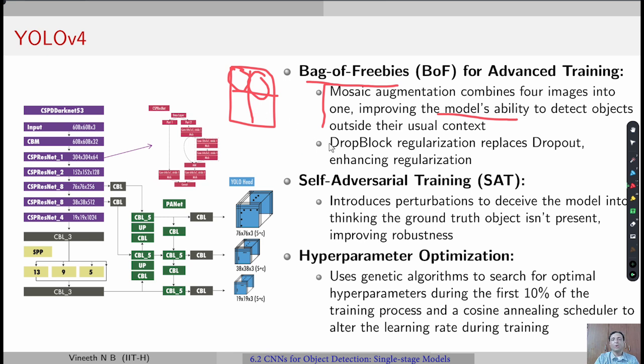Building on this, they also used drop block instead of dropout, where they could drop an entire block in the architecture to achieve regularization in this context.